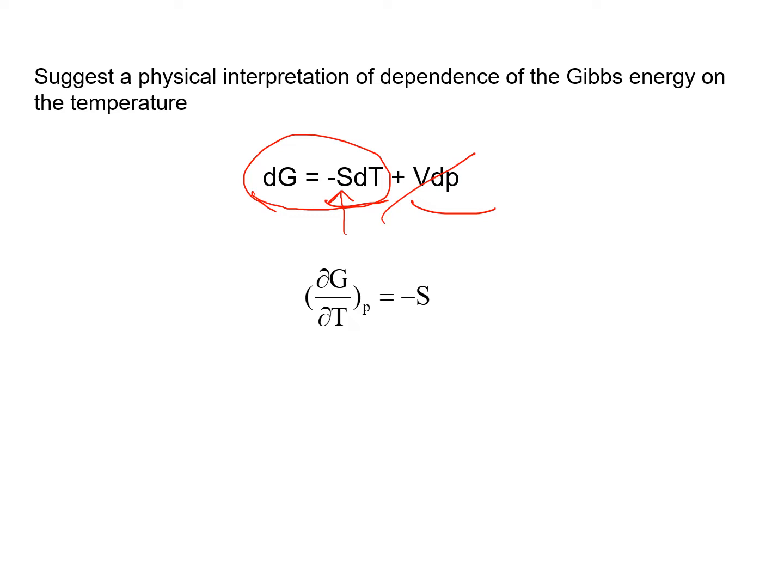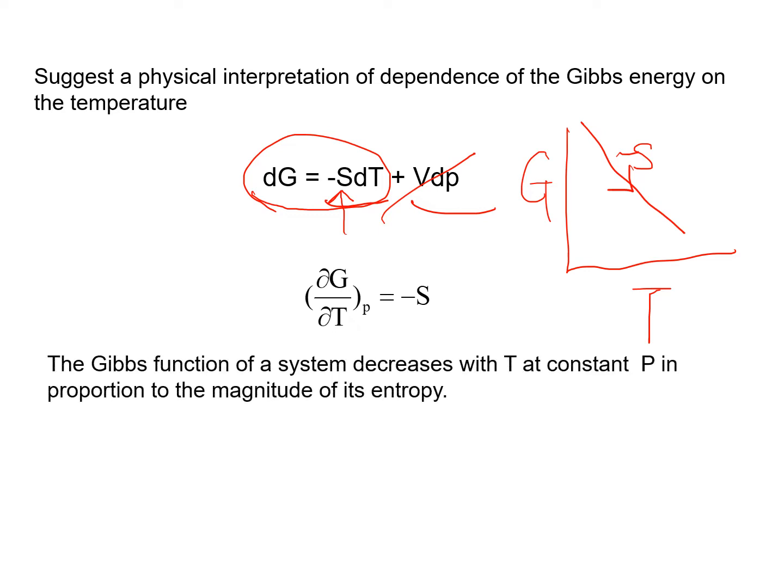If we plot how Gibbs energy changes with temperature, the slope is negative S. The sign of negative means it goes down, and the slope is negative. So the Gibbs energy function of a system decreases with temperature under constant pressure in proportion to the magnitude of entropy.